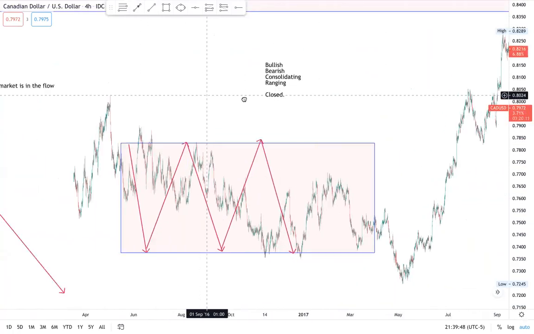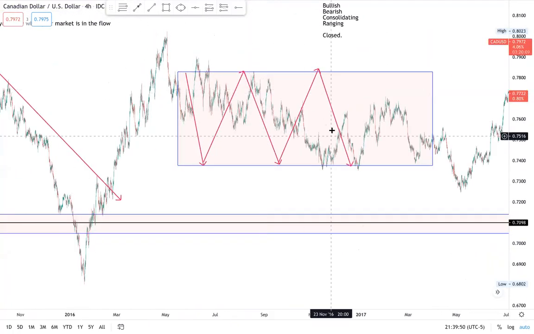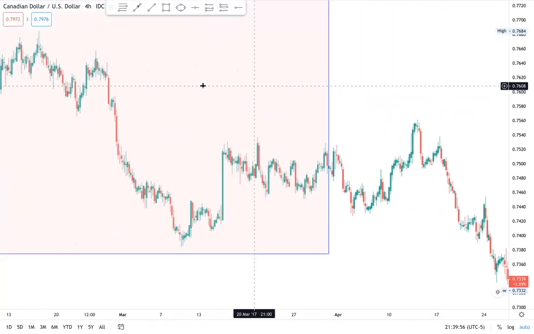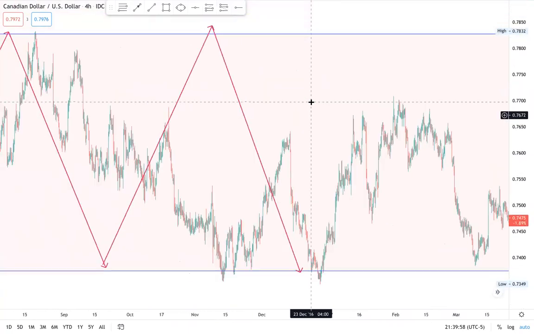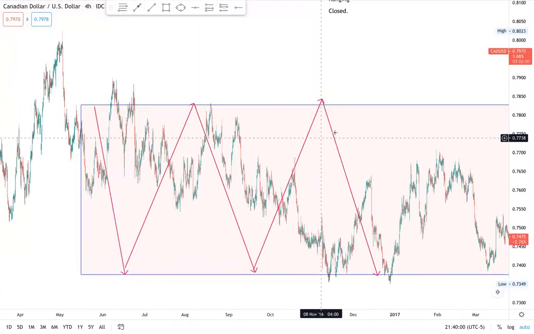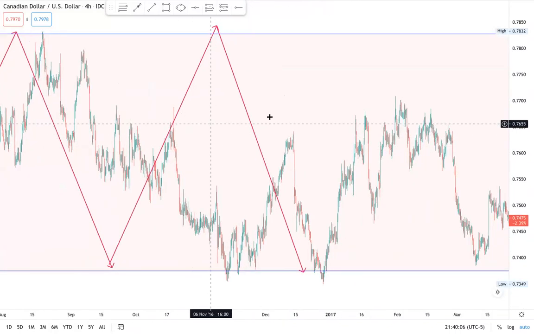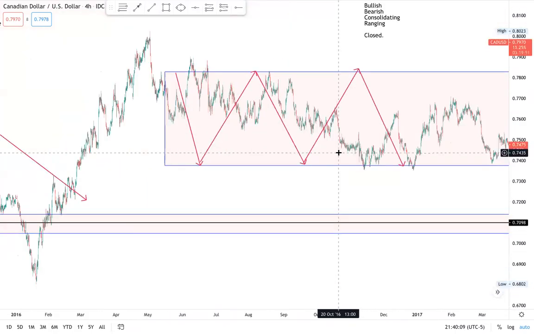Look at it. On a 4-hour time frame, this is the market. Look at all these candles in there. But on a daily time frame it's ranging. It's a very, very choppy market to trade. Very, very dangerous. If you're trading 4 hours, that's risky.